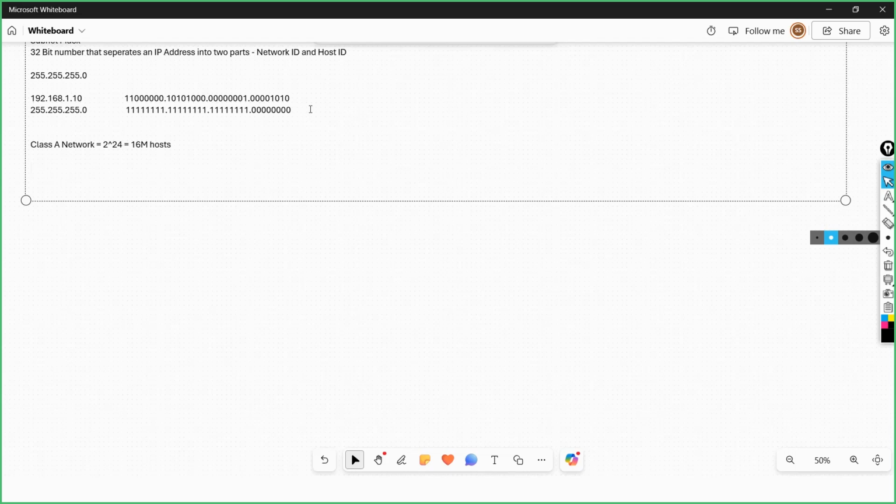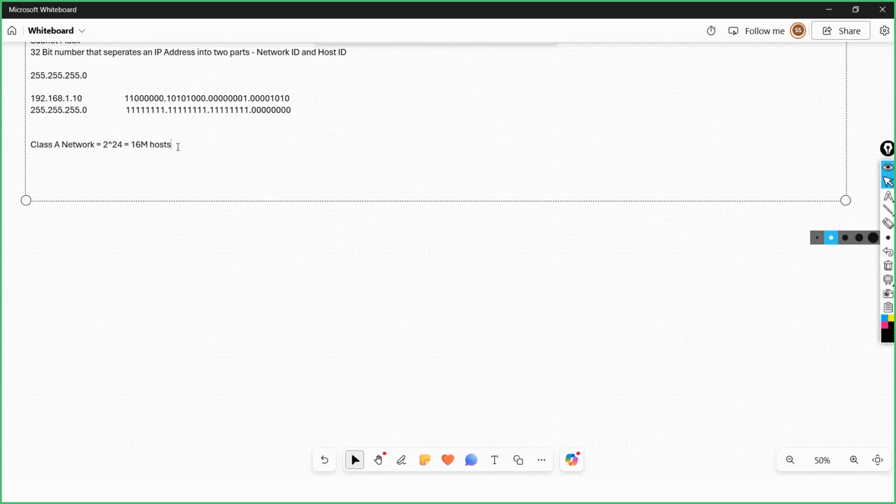Of course, it is not an easy task, right? So, using subnetting, what you can do? Managing 16 million hosts at one time is next to impossible for an administrator, for a human being.